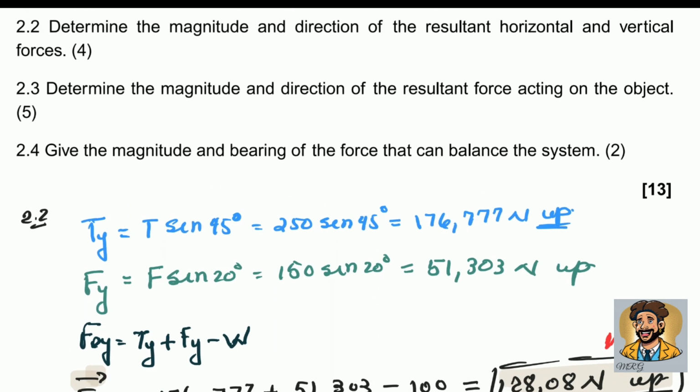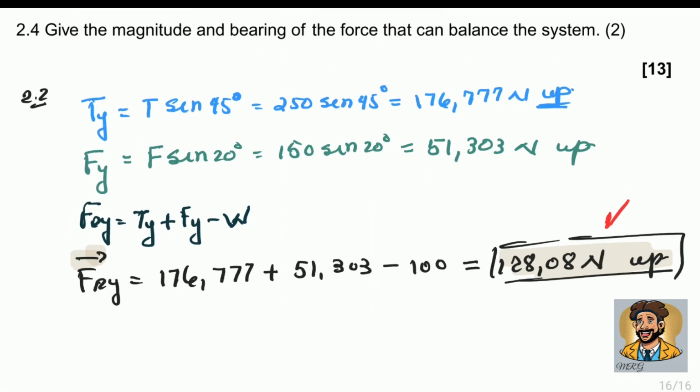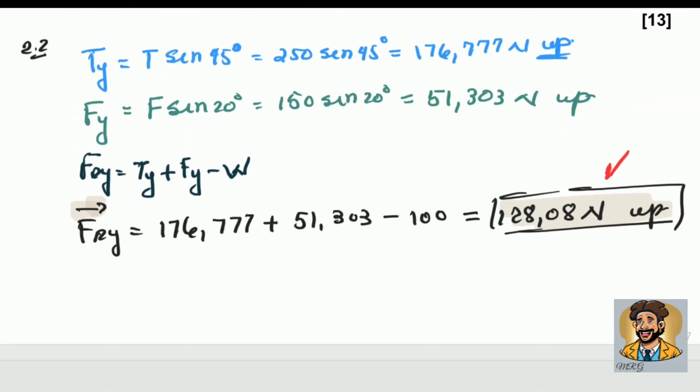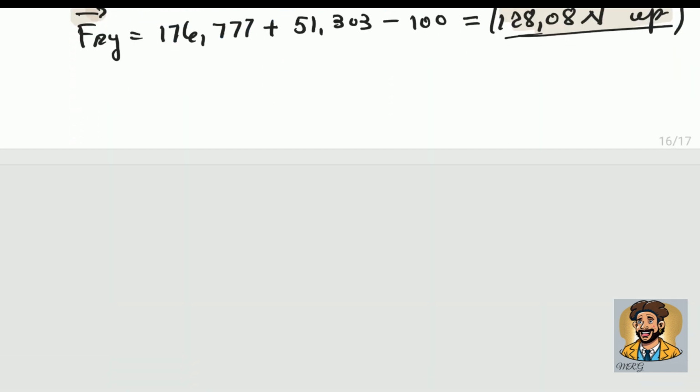Okay, the next question: determine the magnitude and direction of the resultant force acting on the object. Now guys, this is not a difficult question, but I highly recommend you do a rough drawing so you can have an idea of what we are dealing with. This is question 2.3.